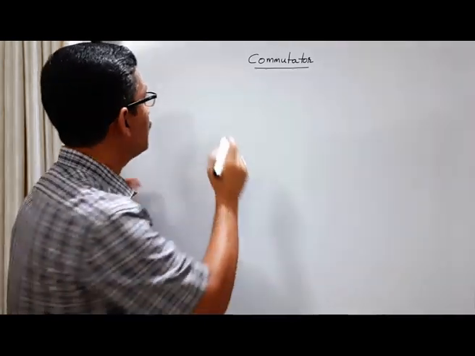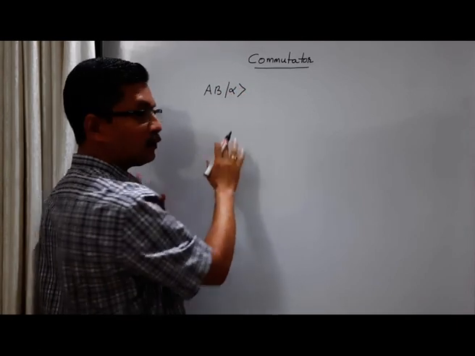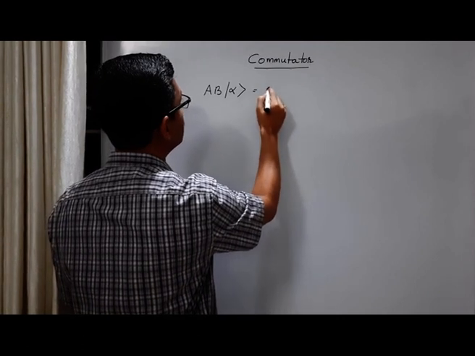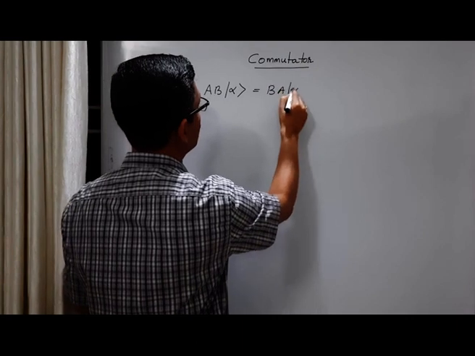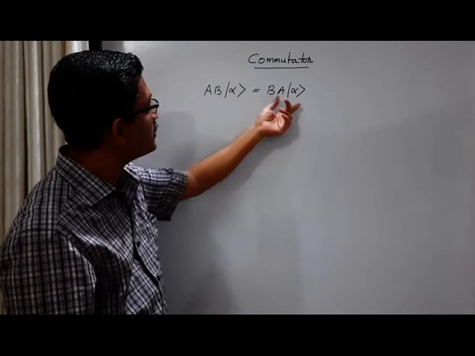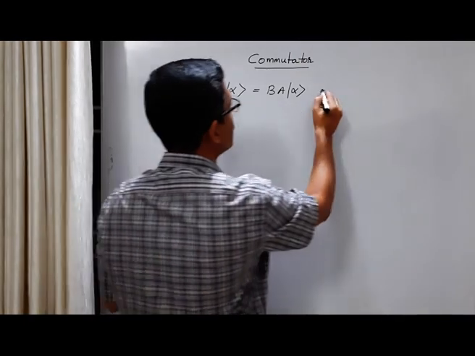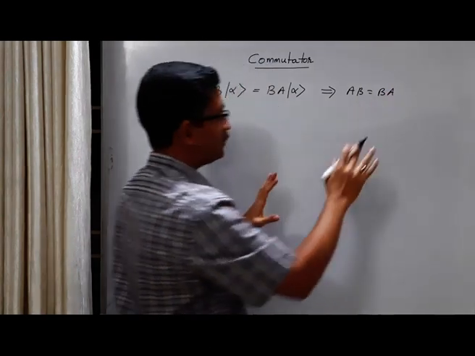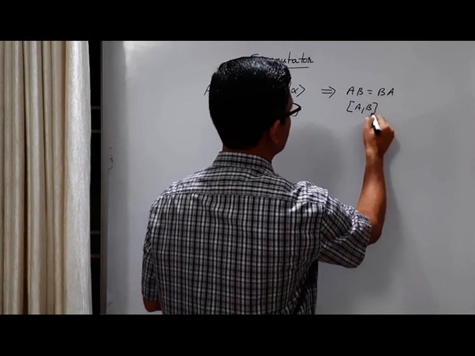My point is, if AB acting on a general or arbitrary ket vector in the vector space of the system is equal to BA acting on a general ket vector, that means if this relationship is true for any arbitrary vector in the vector space, only then can we say that AB is equal to BA. These operators are commutative, or the commutator A comma B is equal to 0.